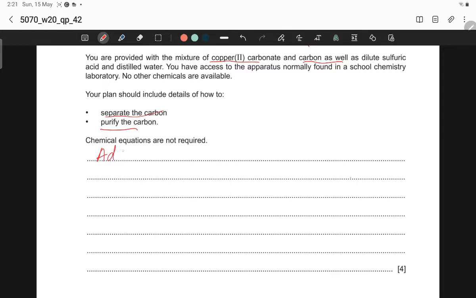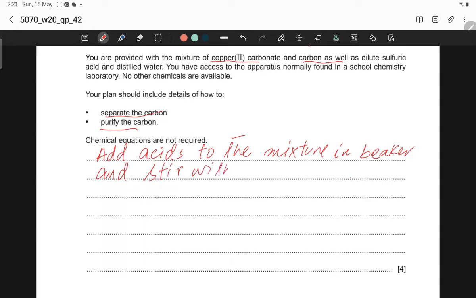Add acid to the mixture in a beaker and stir with a glass rod.